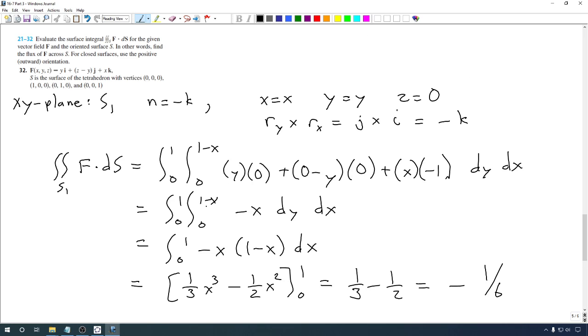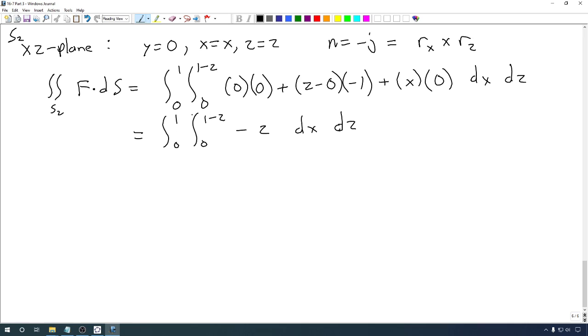But then there's no other y's in here, and all the x's, we have a 1 minus x and a negative x. Here, there's no other x's, and then the z's are a 1 minus z and a negative z. So just by swapping out the letters, x for z and y for x, we get the exact same thing. And so when we do the integration, it's not going to change the answer. We're going to get the same result of negative 1/6.